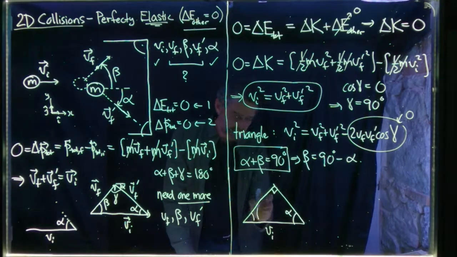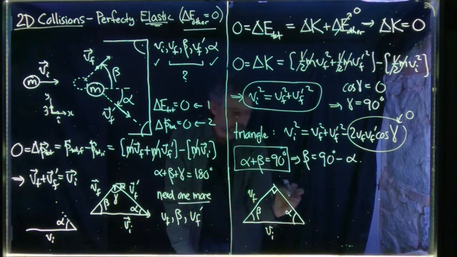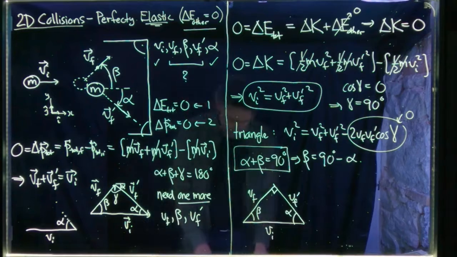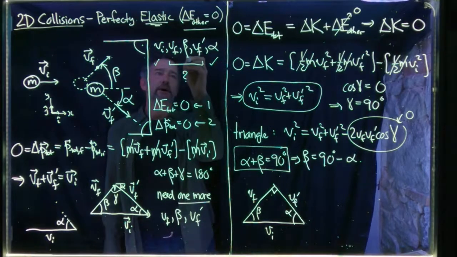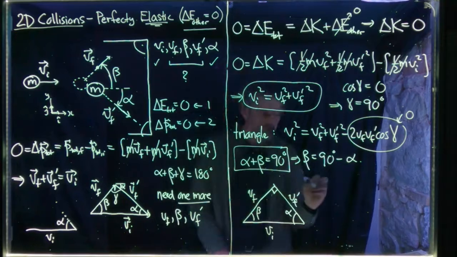Okay, so there's an angle beta here. And this is v final, a side of length final speed, and then a side of length v final prime, final speed prime. So that's what our situation looks like. Okay, and so then we can immediately write down the answer. So we know the answer for the angle beta, it's just 90 minus alpha. Now we just need these two final speeds. And from this triangle, you can just immediately write it down.